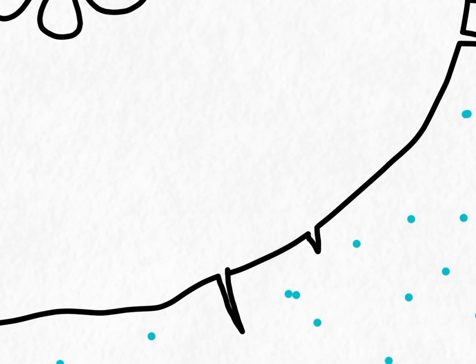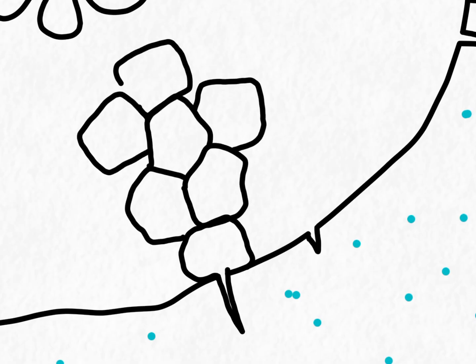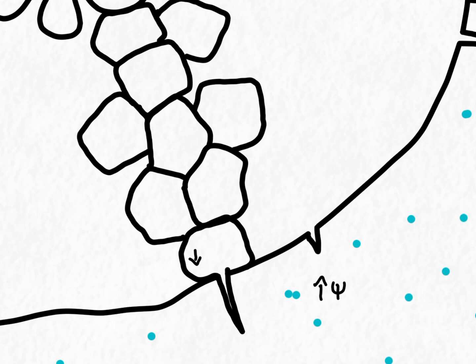So if we imagine the cells connecting the root hair all the way to the xylem vessels, remember these will be cortex cells. So there's a high water potential, and this is the sign for water potential, outside of the root, and there will be a low water potential inside the root hair cell.